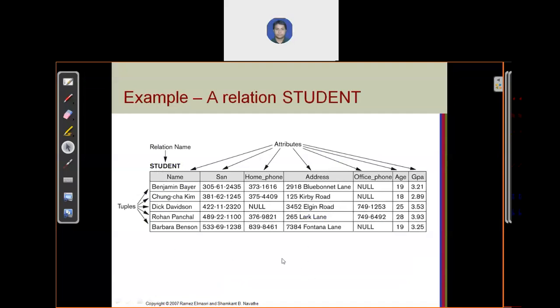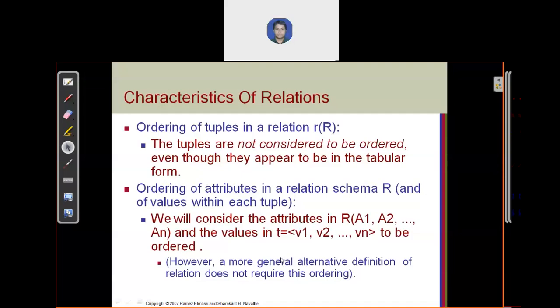Now, what are the characteristics of a relation? First is the ordering of tuples in a relation. If you remember the definition of relation from the last class, a relation is a set of records or a set of tuples.